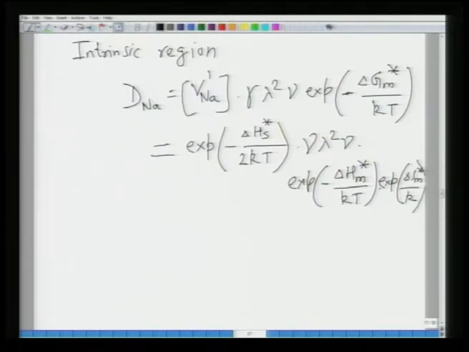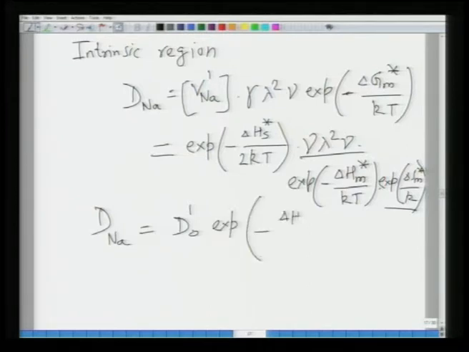Okay. So now what is constant here? This is a constant, this is a constant. So D_Na is equal to D naught prime, some constant, exponential of minus delta H_M star plus delta H_S star divided by 2kT.